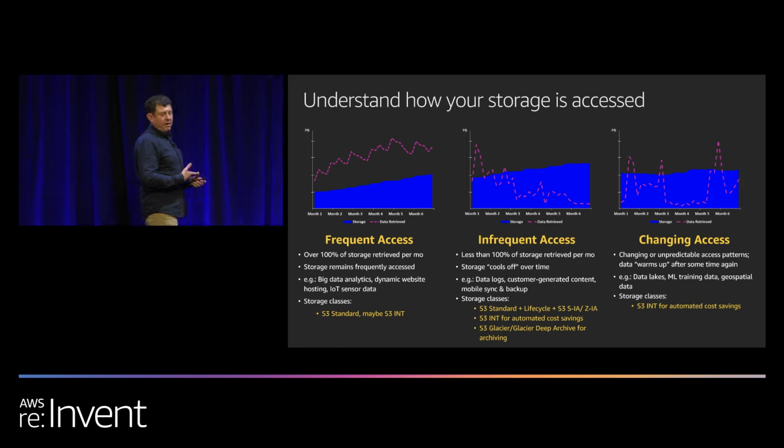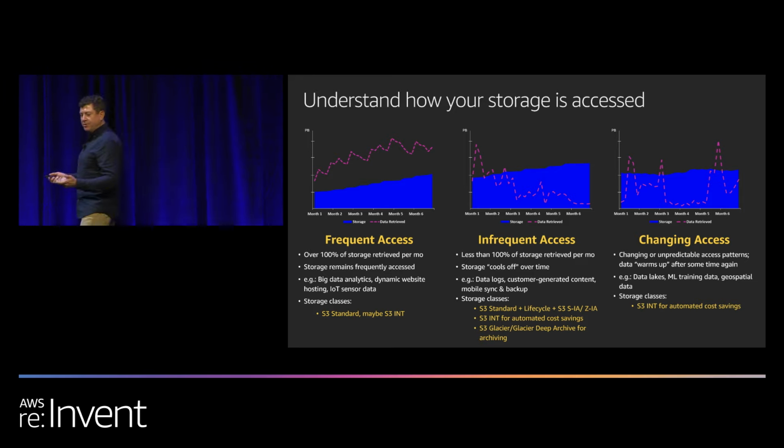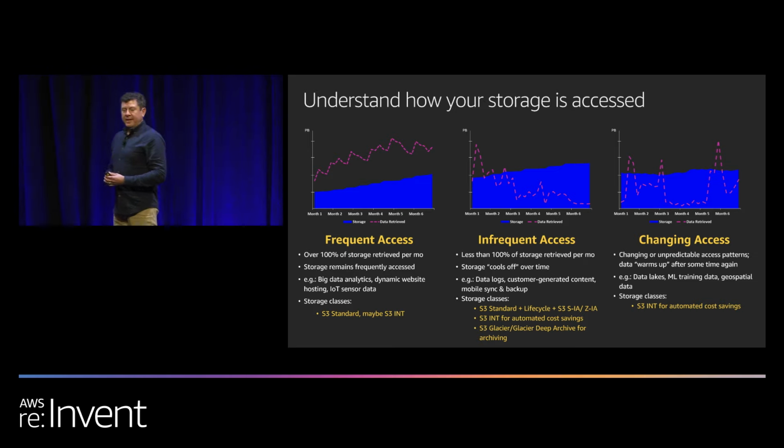So particularly with logs, with user-generated content, content delivered from sync and share applications, or applications that are accessed on a mobile device by many different users, the data cools off fairly quickly. And so there you typically want to use some combination of your storage classes.